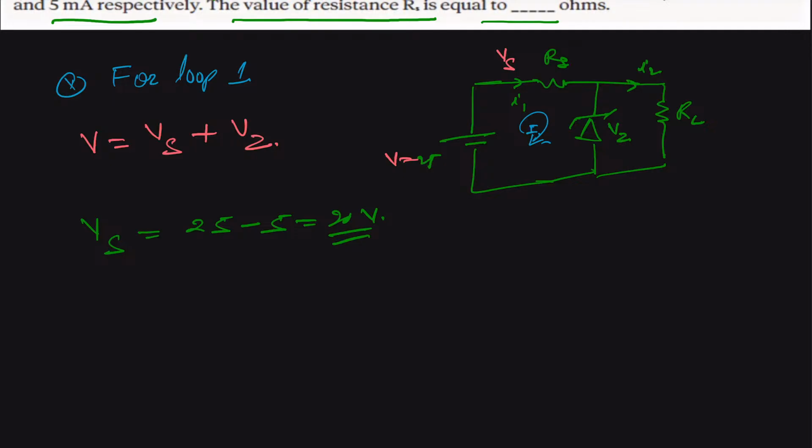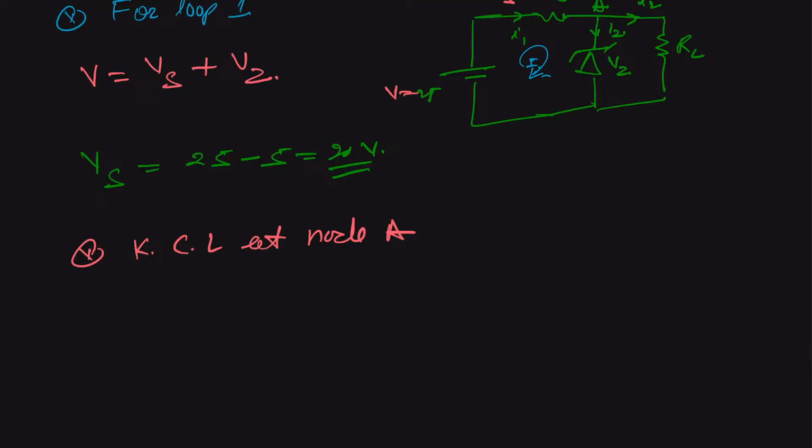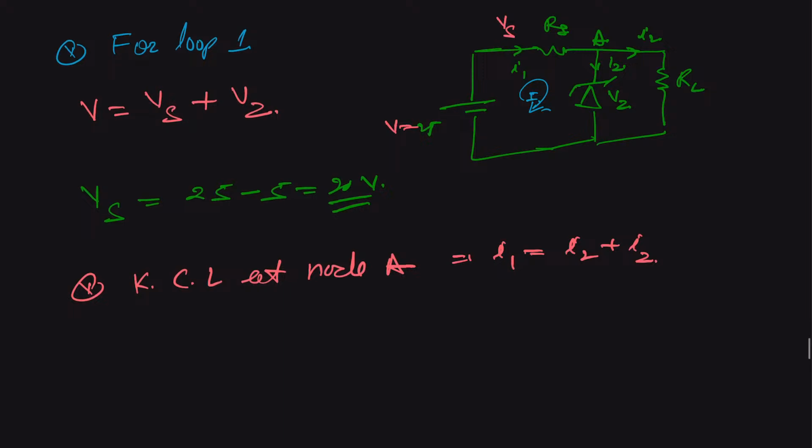Now we can use Kirchhoff current law. This is I1, I2, and let us suppose here is our Iz, and this is our point A. So KCL at node A: we can write I1 is equal to I2 plus Iz, and we can find out this I1 using Ohm's law.